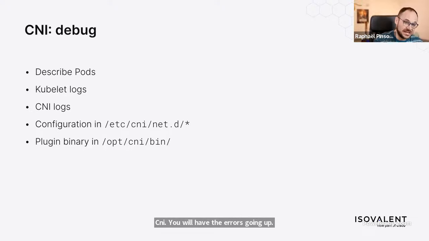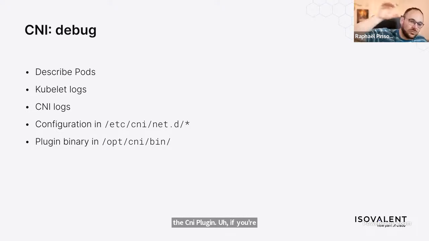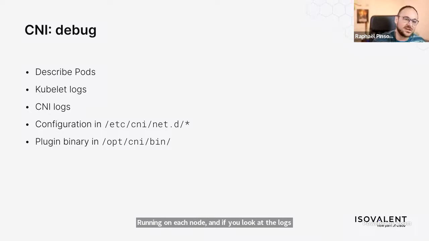And you could look at the CNI logs. So by CNI logs, I mean the CNI plugin. If you're running Cilium, for example, you will have one Cilium pod running on each node. And if you look at the logs of that pod, chances are you'll see details of what is happening, why the pod is not starting.